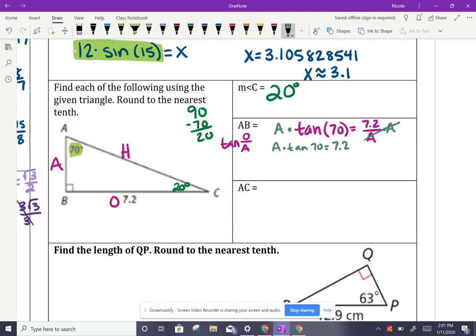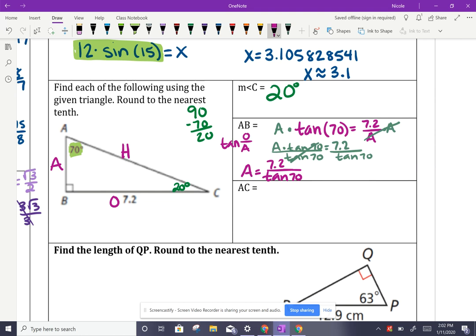But now I need to get rid of the tangent next to the A. I want it to be on the other side. So I'm going to divide by tan 70 on both sides. That cancels out. So I'm left with A equals 7.2 over tangent of 70.